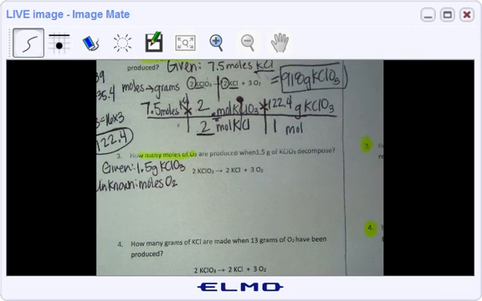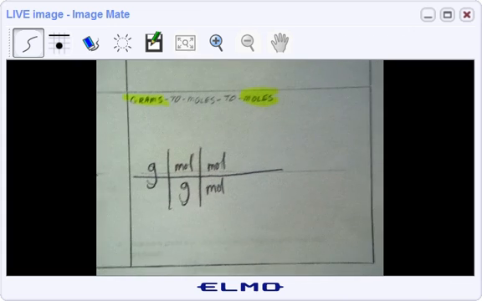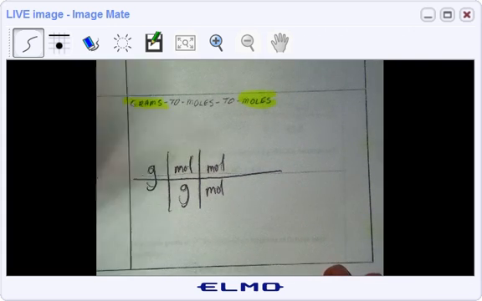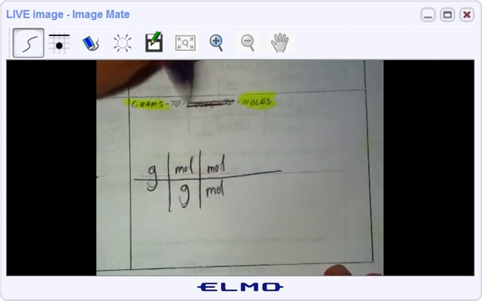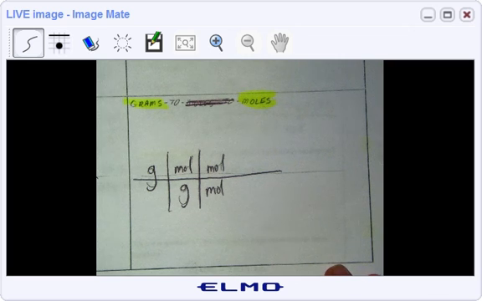So I'm going to go to my little T-chart patterns. I'm going to look for the pattern that starts with grams and goes to moles. I'm going to cover it up for a second. Grams to moles.